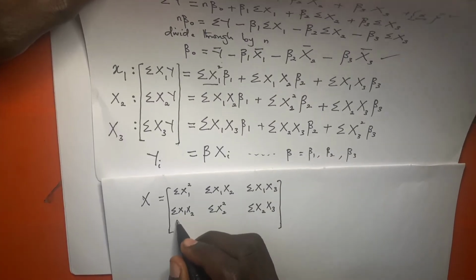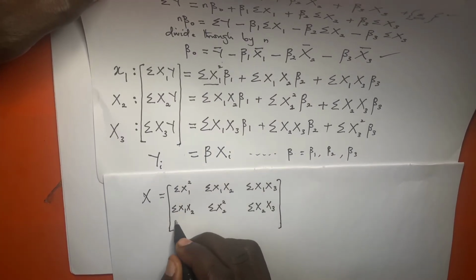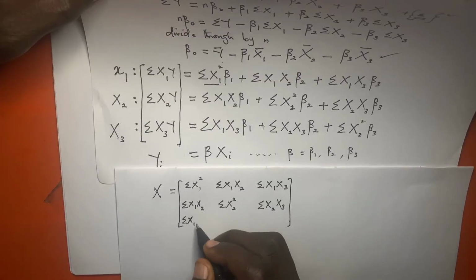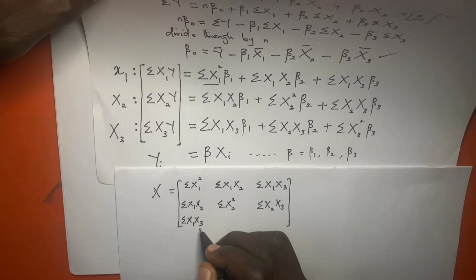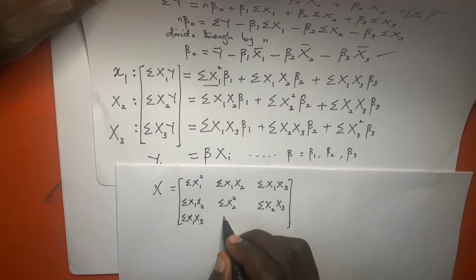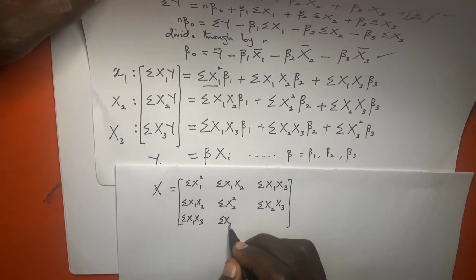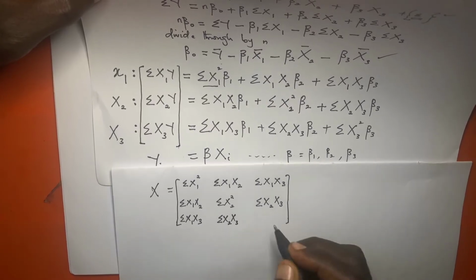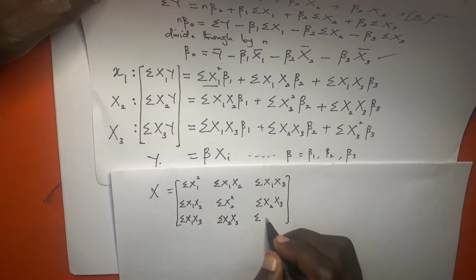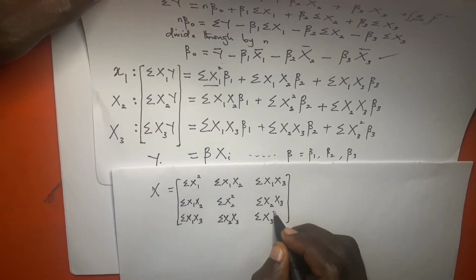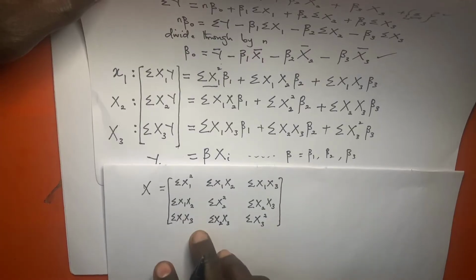Then finally for the third equation, we have summation x1 x3, summation x2 x3, then summation x3 square. You can see we've presented this in matrix form.